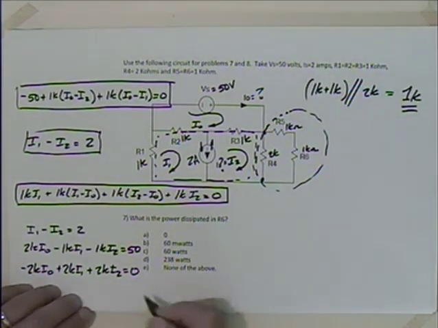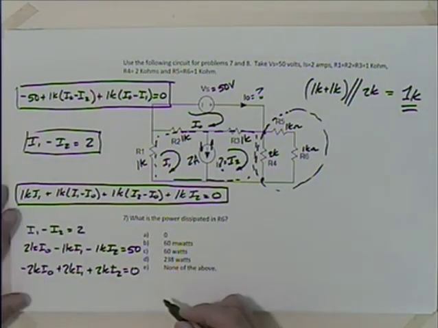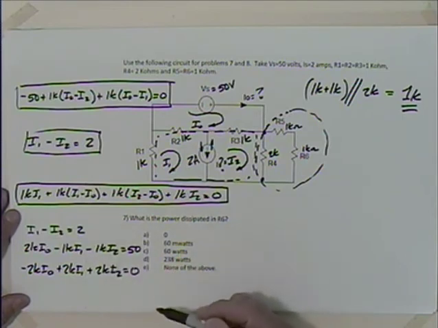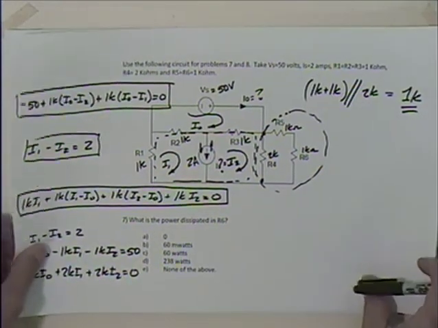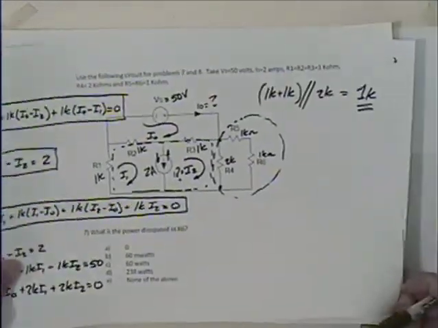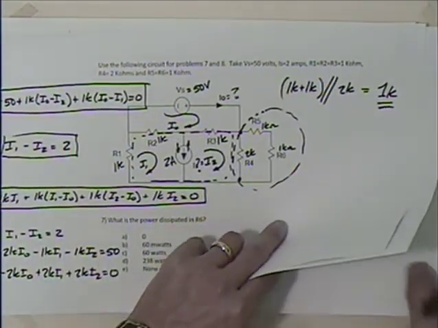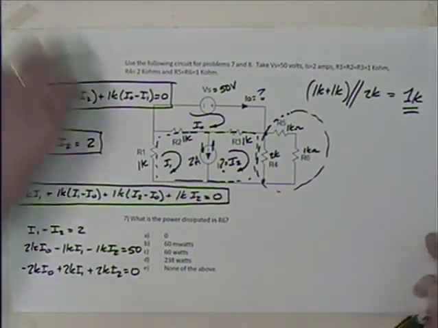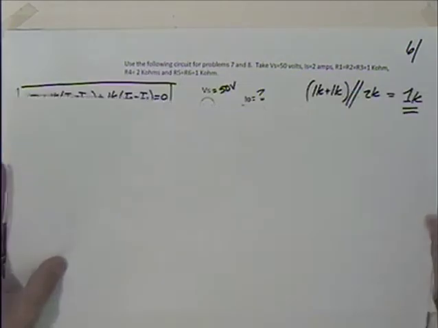So what I'm going to do then is multiply those last two equations by 1,000, and when I put them into the matrix, maybe I'll jump over here, grab a clean sheet of paper. So this is 6, and we'll call this 7.